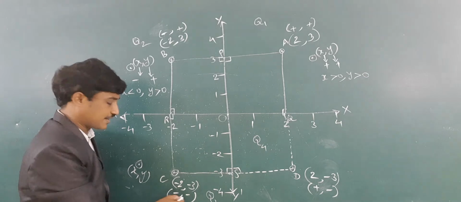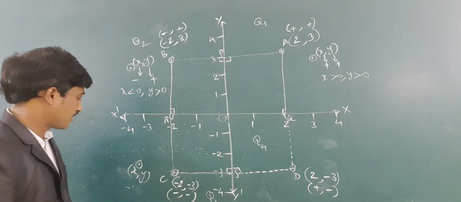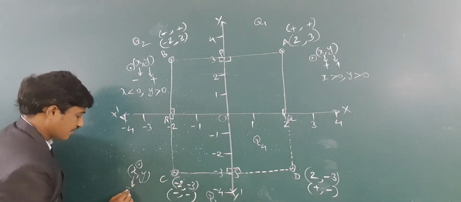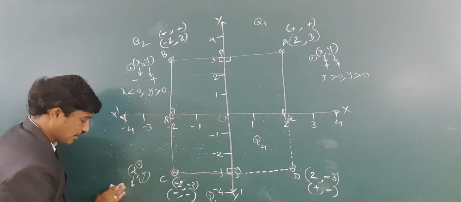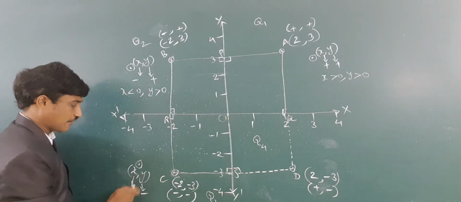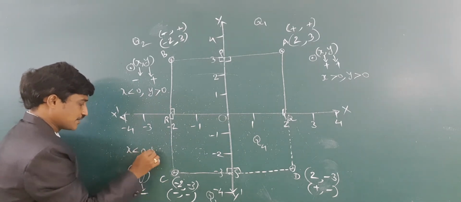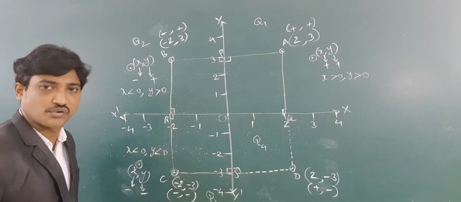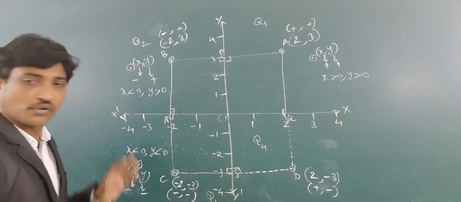X coordinate with negative sign, y coordinate with negative sign. That means x is a negative value, y also a negative value. That means x is less than 0 and y is less than 0 in the third quadrant.